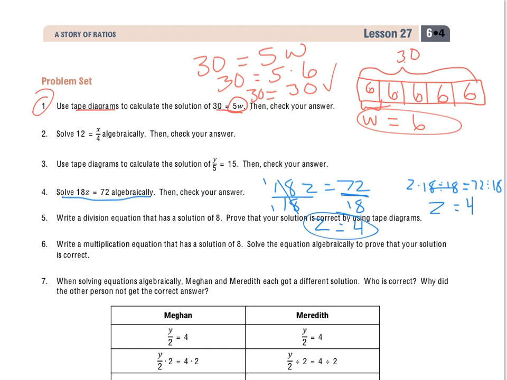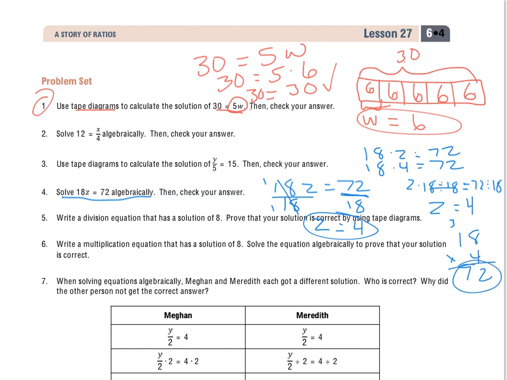So to check my answer, I'm going to actually plug it in. 18 times z equals 72. 18 times 4 equals 72. I'll show my 18 times 4 down here, because it does no good for me to write 18 times 4 and then 72 equals 72 if I don't actually show the calculation.